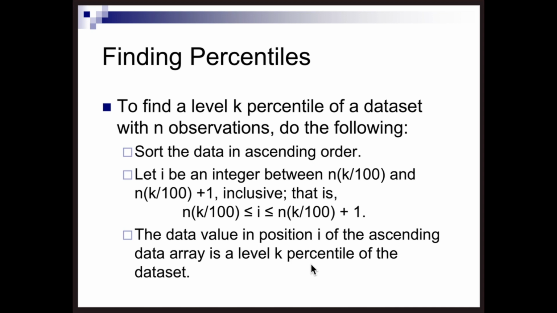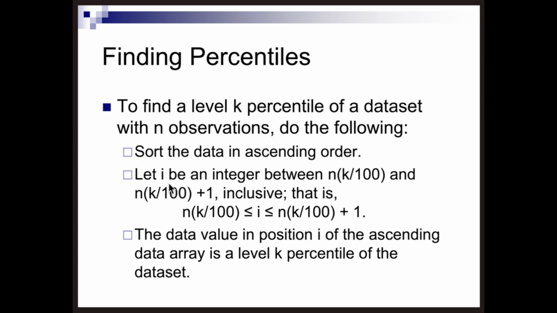So let's talk about now how to find the percentiles. To find a level k percentile of a data set with n observations, we do the following. We first sort the data in ascending order, so we create an ascending data array.